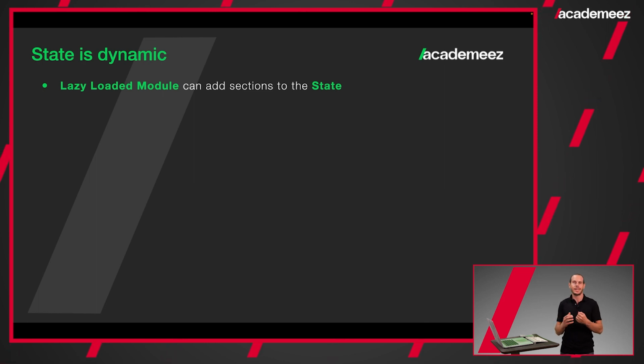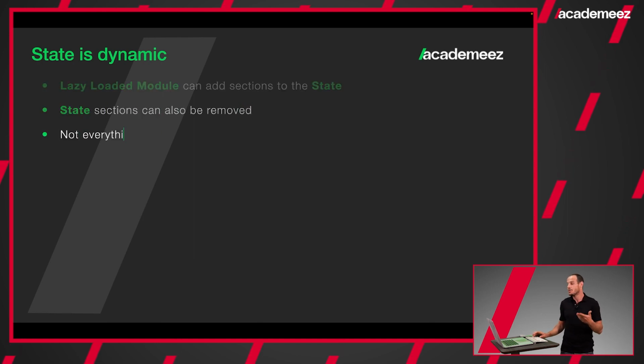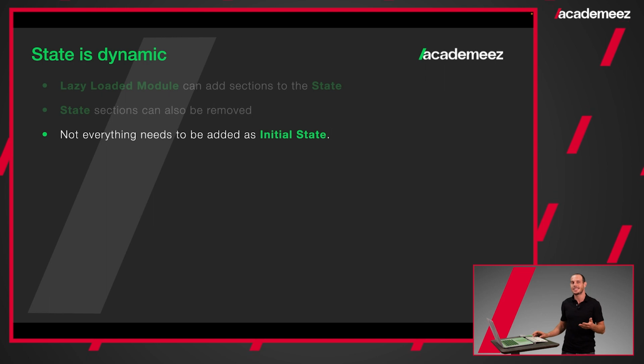And sometimes those lazy loaded modules want to add sections to the state. So often the data that they add to the state will be lazy loaded as well. So data in the state can be added or removed, and you start with the initial state, but it does not necessarily mean that the structure will stay like the initial state.